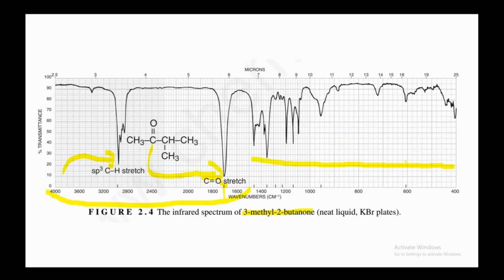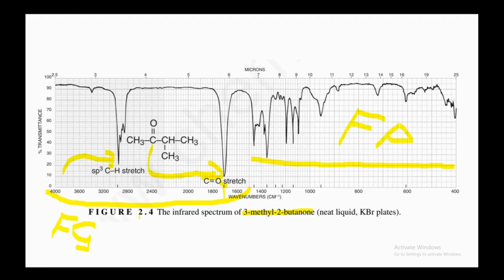From 1500 to 4000 is called the FG region, or functional group region, and from 1500 to 400 it's called the fingerprint region, FP region. So FP for fingerprint and FG for functional group region.